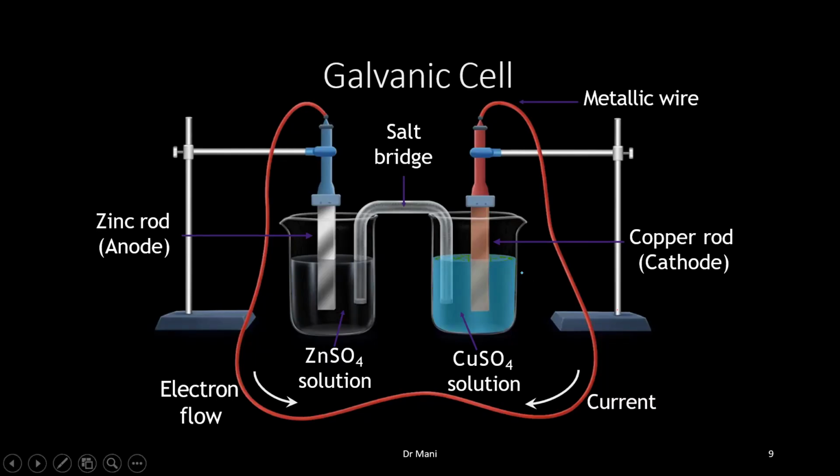Clear? So for the anode, we know that at the anode, does oxidation happen or reduction? Shrikar, you tell me. Oxidation. So tell me what happens when oxidation happens here, in ZnSO4? Release of electrons. What happens to Zn? It will convert into M plus, I told you.